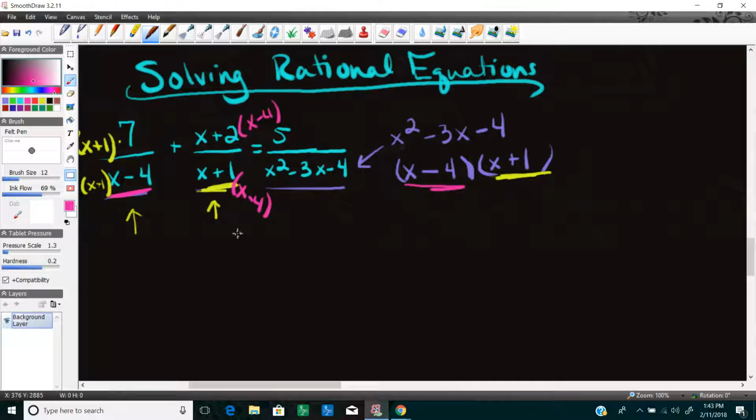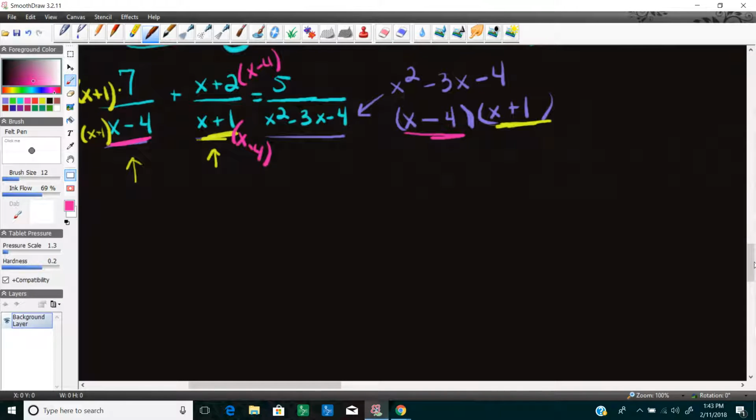Okay, so we're going to go ahead and do that down here, and I'm going to scroll down a little bit. On the top, I would have 7 times x plus 1. I'm going to go pretty step by step over this whole thing. So x plus 1 times x minus 4, plus, that takes care of the first one. Now we're going to look at the second one.